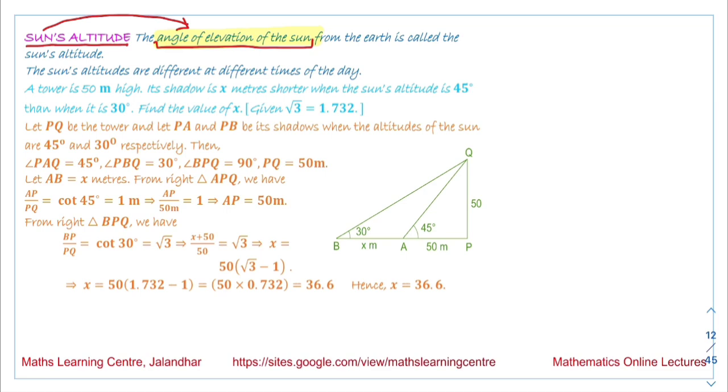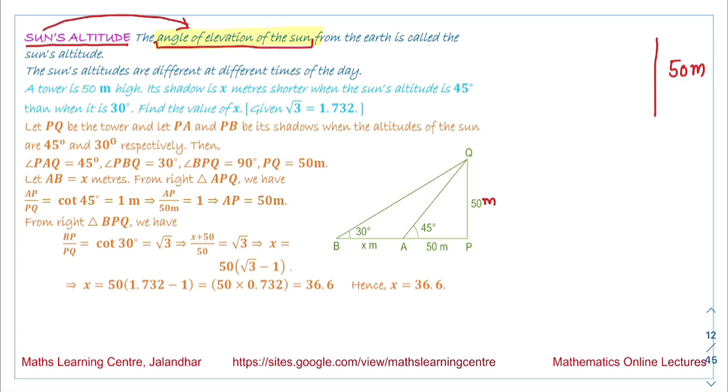So the next question we have is that a tower is 50 meter high. We are saying the height of that tower is given as 50 meters and it casts a shadow. The shadow of this tower is x meter shorter when the sun's altitude is 45 degree.